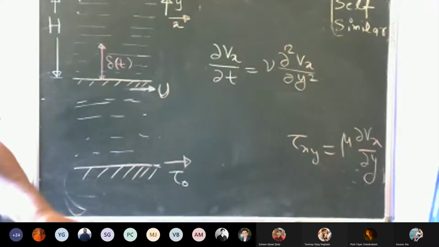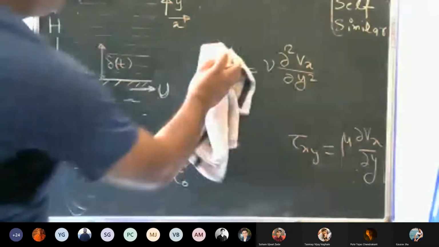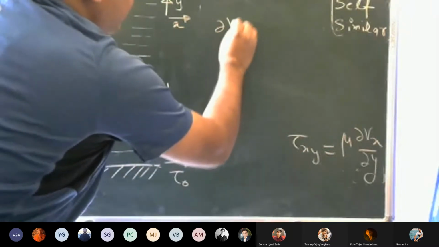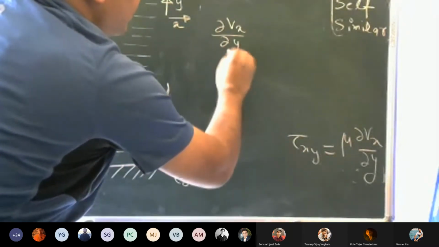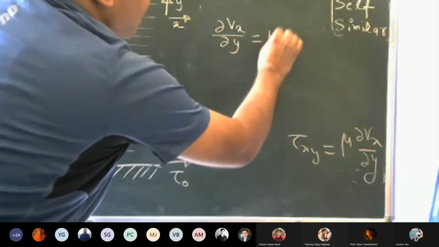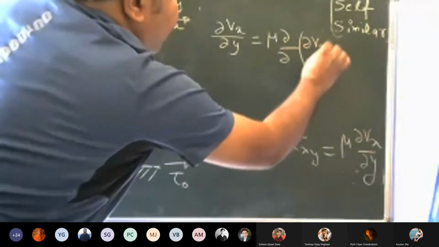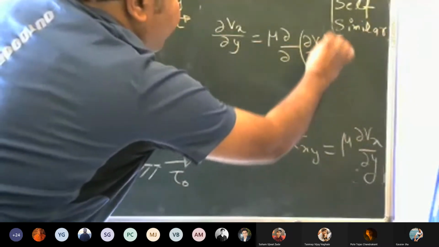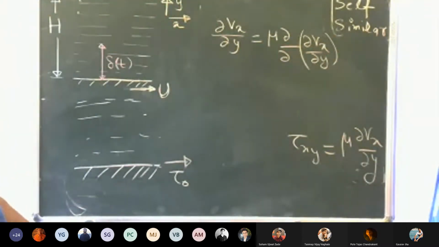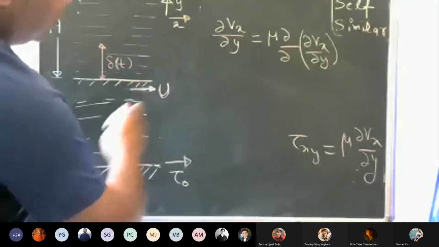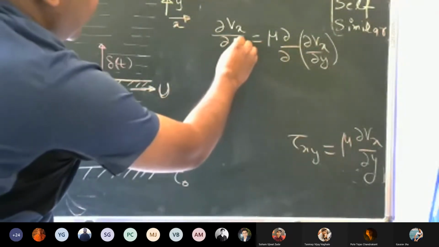So what you do, you write it in this fashion: dou of dou x, dou vx by dou y. Sorry, this is t.